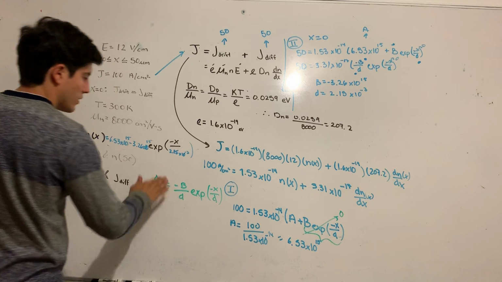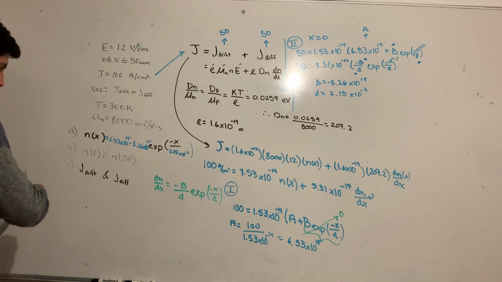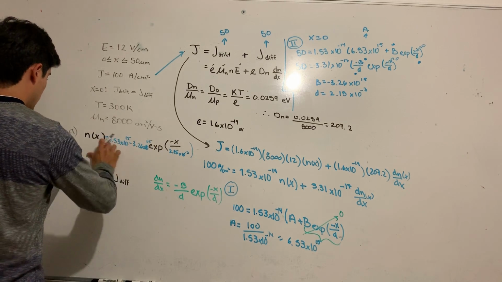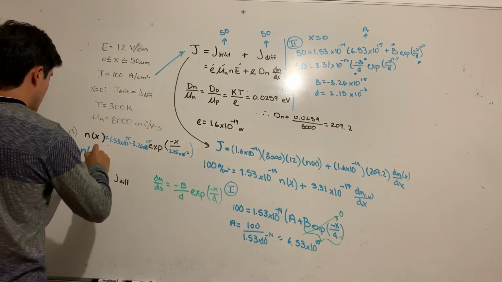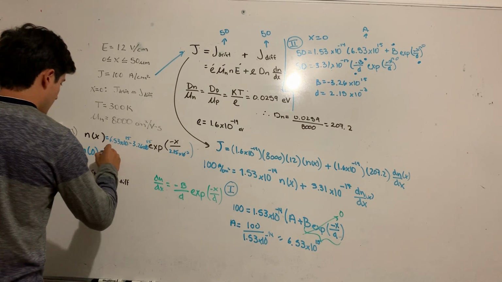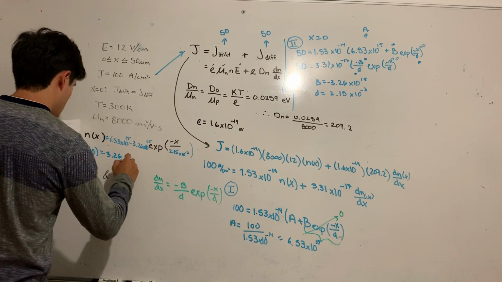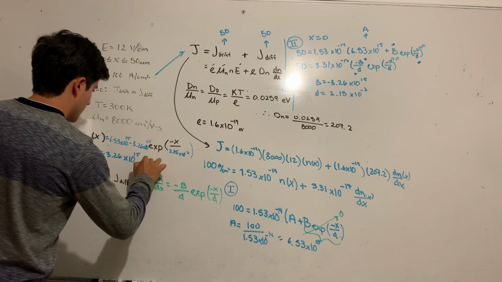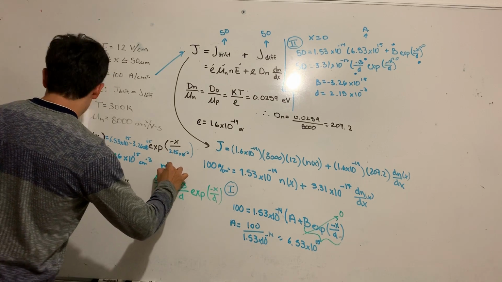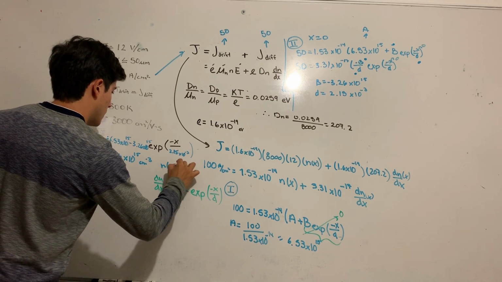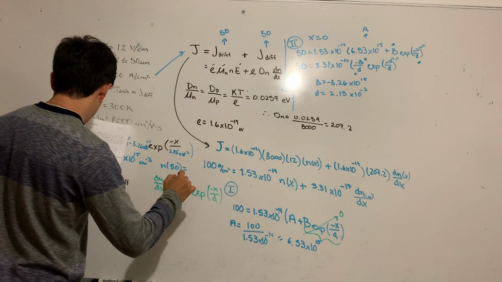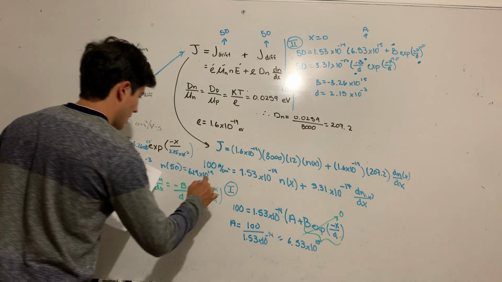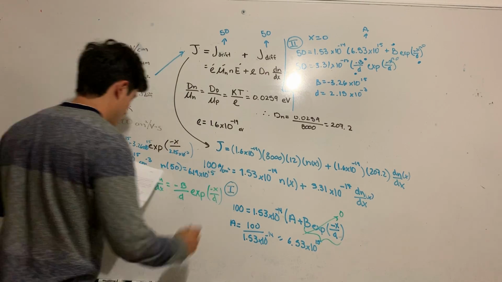So this is pure calculator. At x equals 0 we have 3.26 times 10 to the 15 centimeters to the minus 3, and at x equals 50 we have 6.19 times 10 to the 15, sorry.